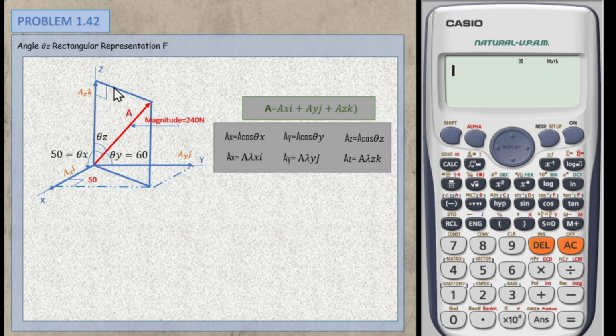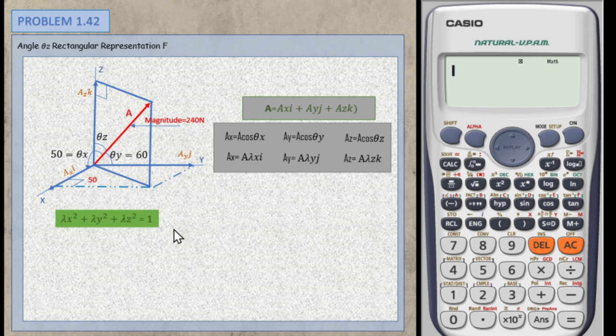For us to solve for angle Z, recall the formula that we used earlier to check if our solved unit vector is correct.